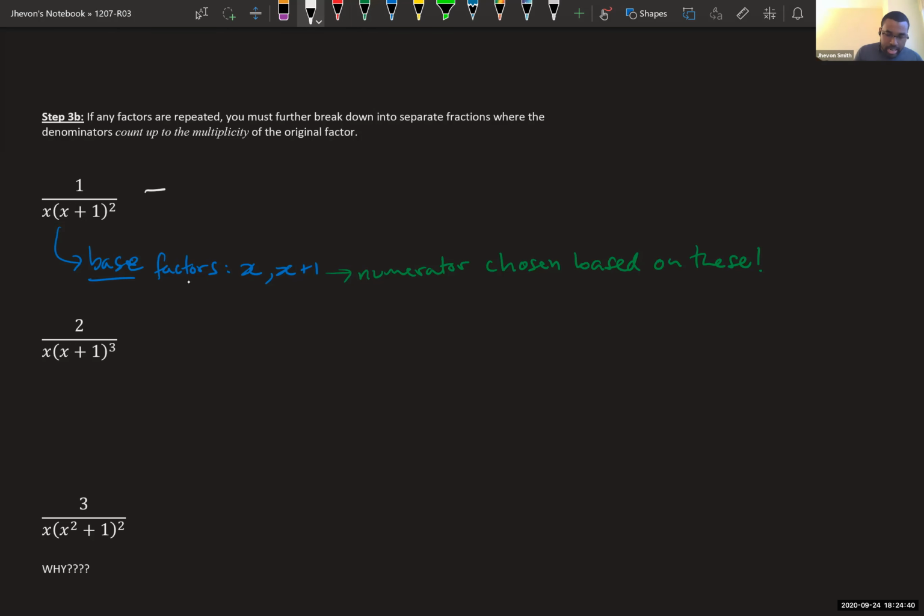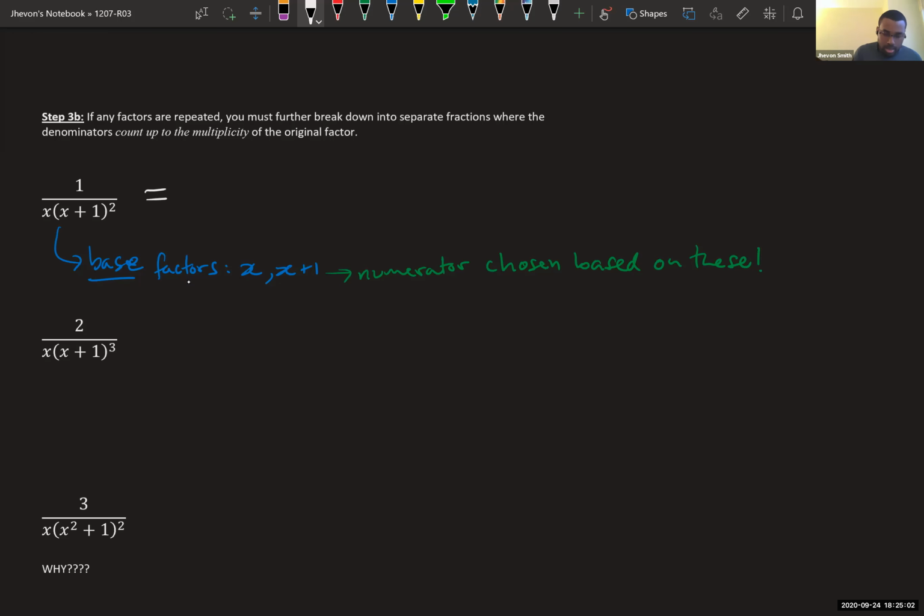However, there is a little bit of nuance on how you're going to break these guys up. Whenever you have a repeated factor, something that has multiplicity greater than 1, you have to further break that factor down into its base factors, counting up to the multiplicity. What do I mean by counting up to the multiplicity?